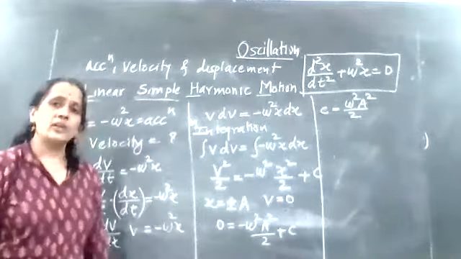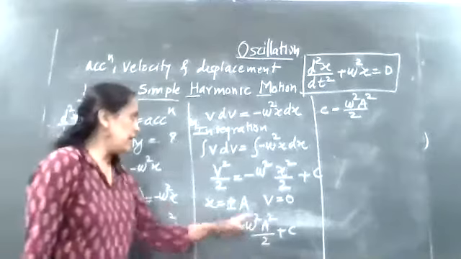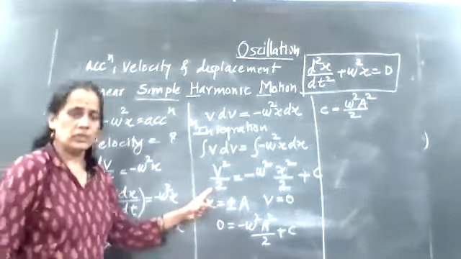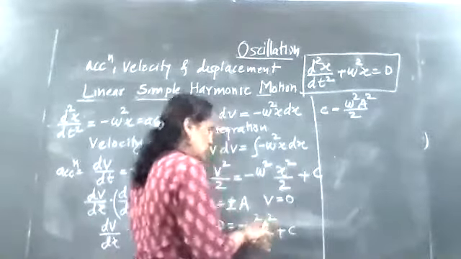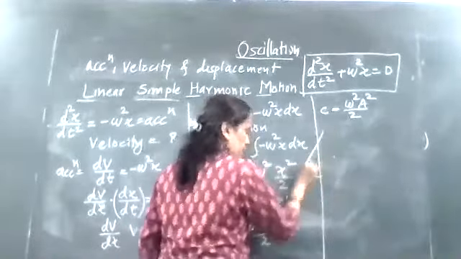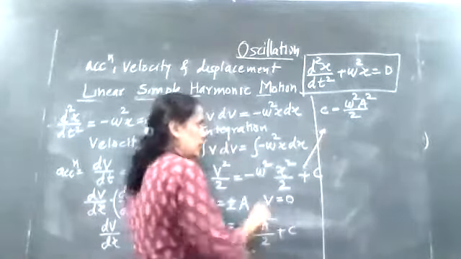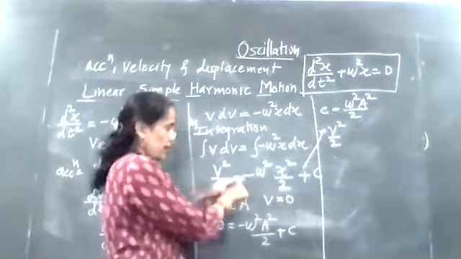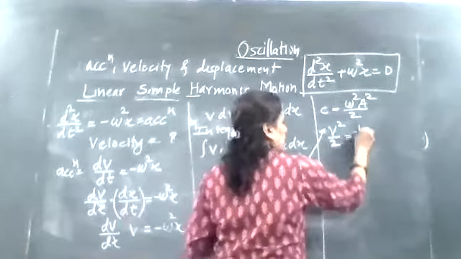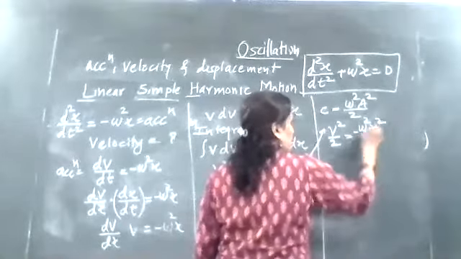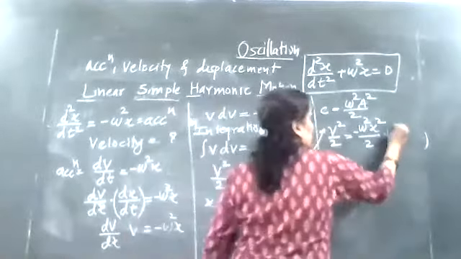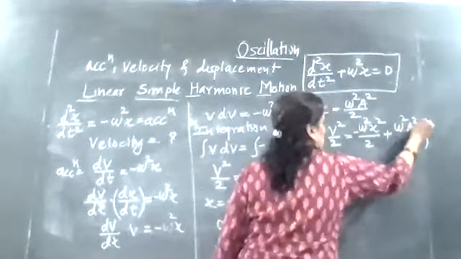That value of c I can substitute in the equation. So now v square by 2 is equal to minus omega square x square upon 2 plus c. The value of c is omega square a square by 2.